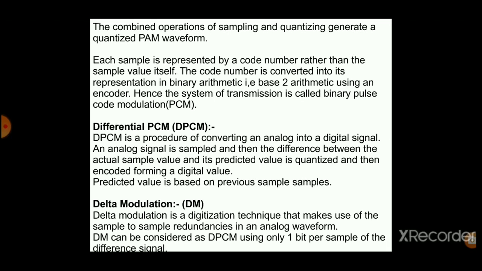Delta modulation, DM. Delta modulation is a digitization technique that makes use of the sample to sample redundancies in an analog waveform. DM can be considered as DPCM using 1 bit per sample of the difference signal.